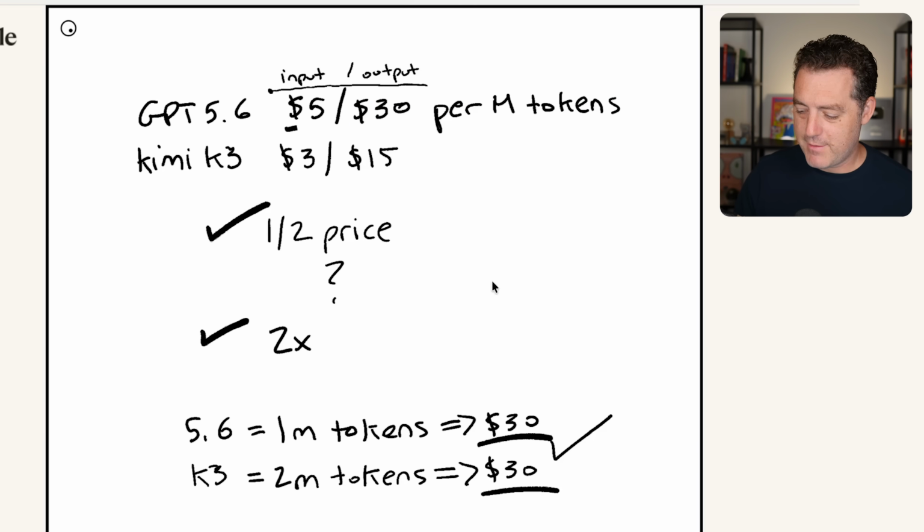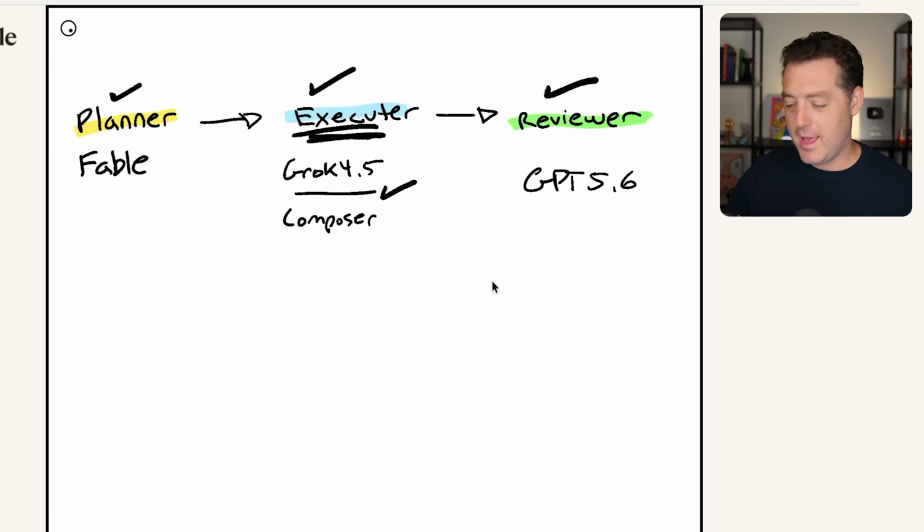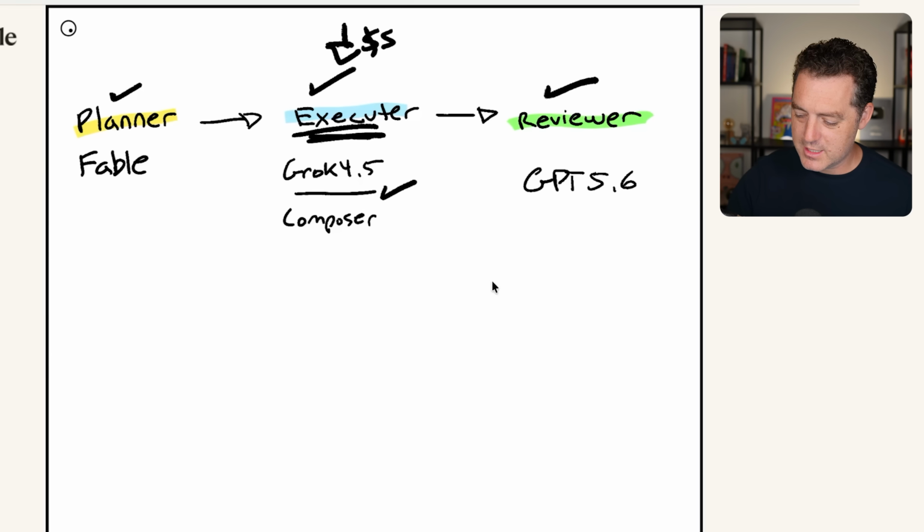Remember this? $5 per million input, $30 per million output. And then once again, during the reviewer stage, it's using more input tokens than it would during the actual code writing stage. So this is the most expensive stage by far, and it's the one that's technically easiest for a non-frontier model to actually write.